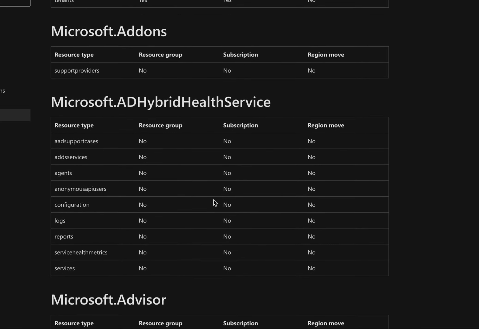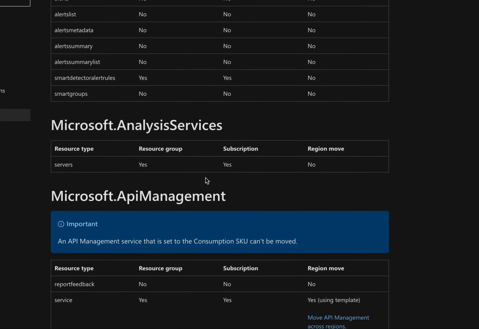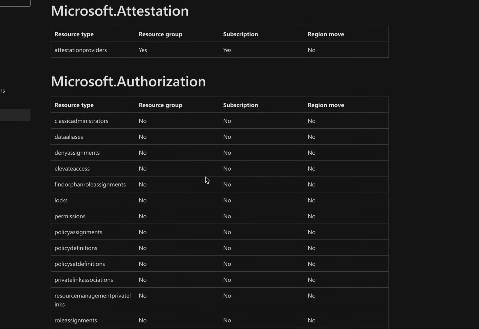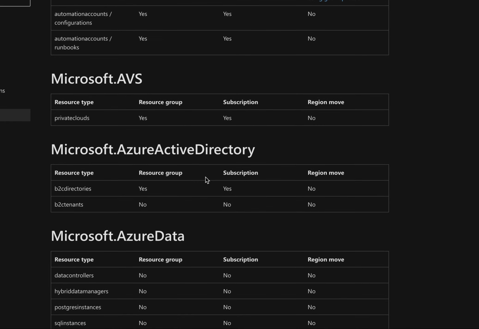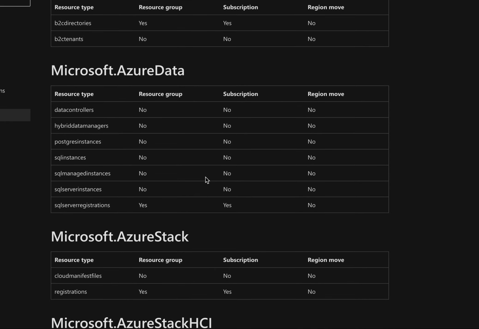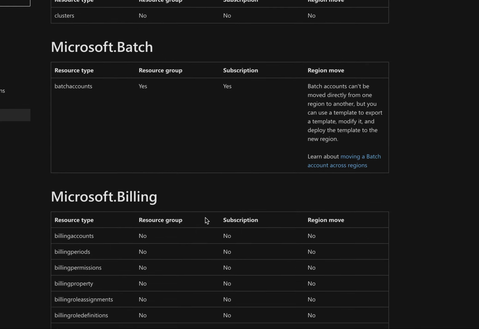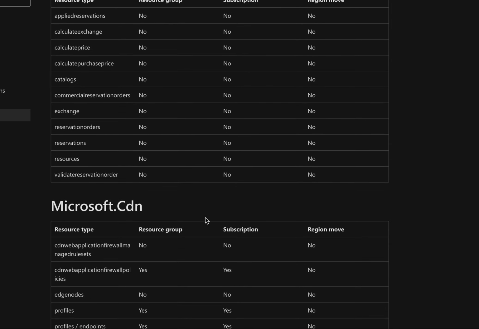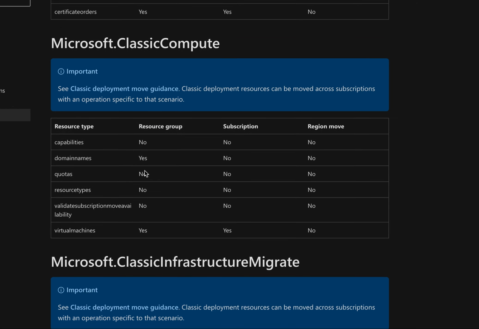So let's look at this. We have add-ons, AD hybrid health service, advisor alerts, API management, configuration services, automation accounts, Azure Stack, billing, CDN, classic compute, virtual machines.